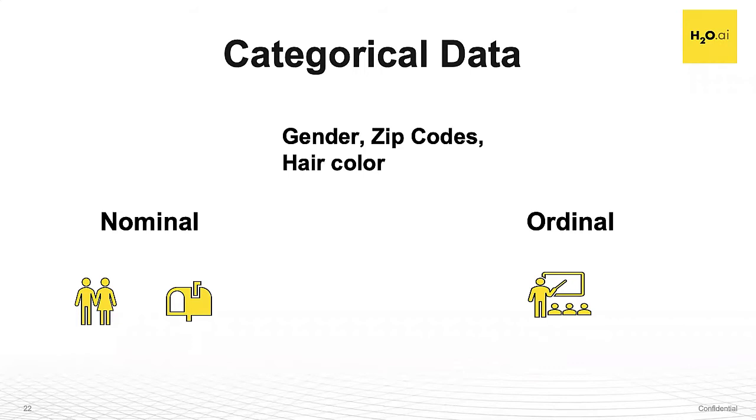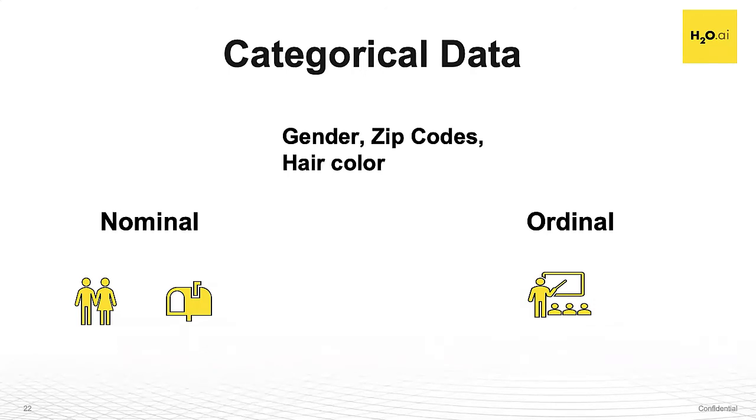Again, categorical data can also be divided into nominal and ordinal. So nominal data has no intrinsic order. So for instance, if it's gender, a male and a female, you cannot compare them. You cannot compare the postal codes. They are different entities, cannot be compared. But ordinal data, on the other hand, has some intrinsic order inside.